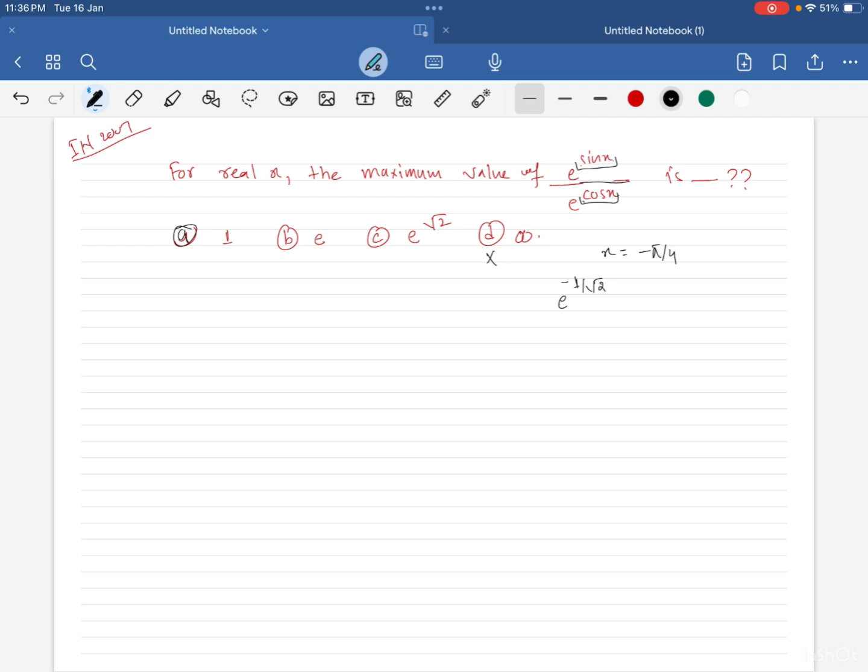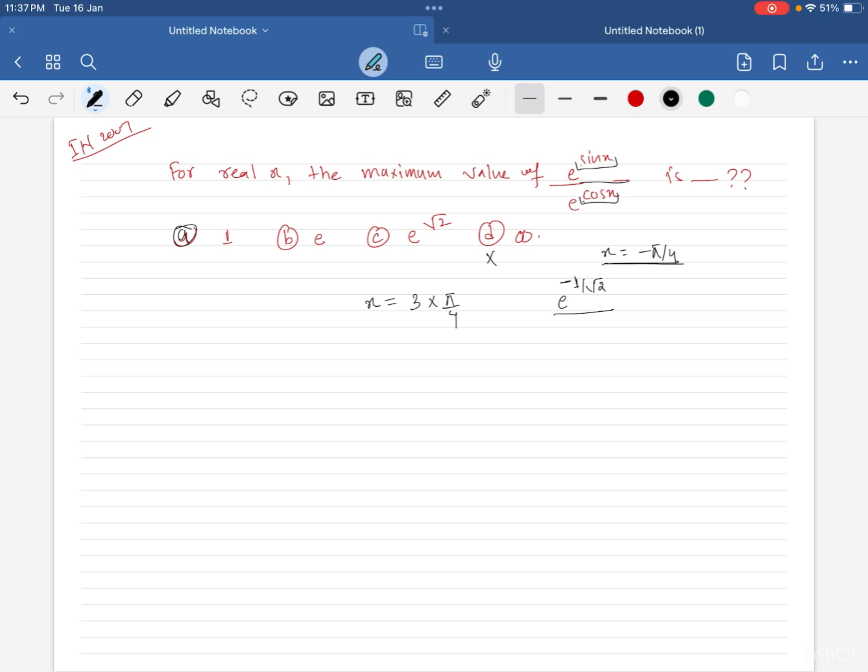E to the power sine x will be minus 1 divided by root 2, right? And so not this one, but maybe with x equals 3 times pi by 4, right?